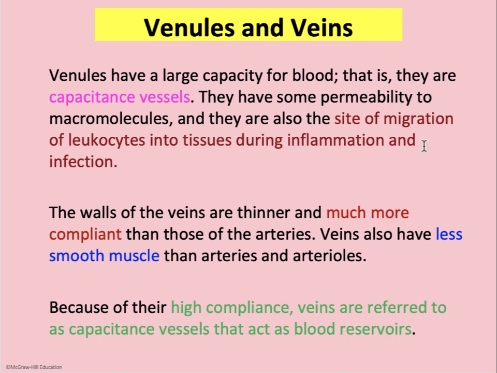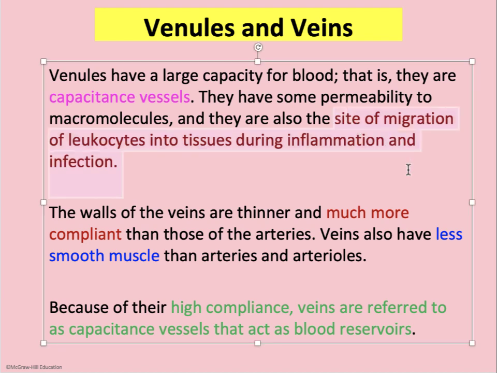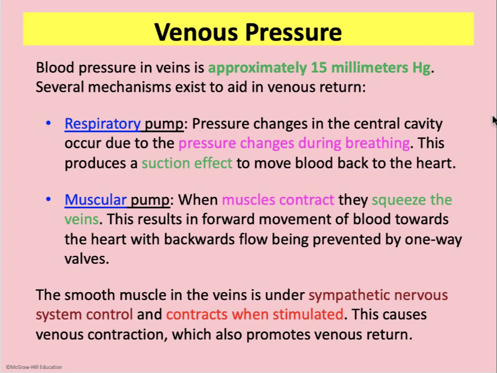So they become a reservoir of any extra blood that may be wandering around the system once it leaves the organs. The relatively slow flow of blood through veins compared to arteries is also important when it comes to the immune system and the migration of white blood cells into local tissue, a process called extravasation. The average blood pressure in veins is about 15 millimeters of mercury.